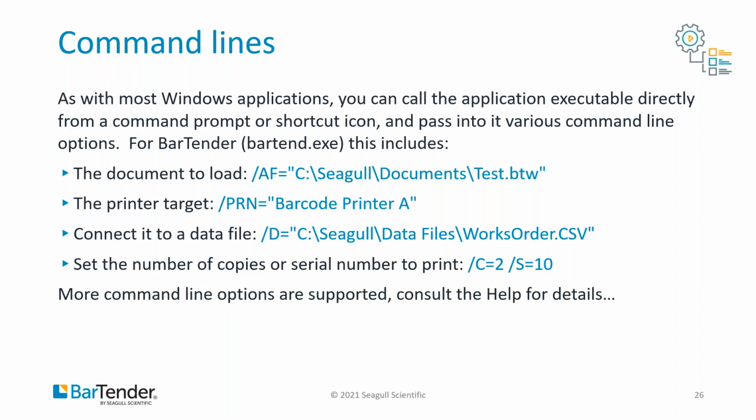The user interacts with the data entry form and then it closes down. So a very simple, clean implementation of straightforward label printing. So still very much useful today. And as with many of the features with automation, command lines included, you will need the automation edition of BarTender.